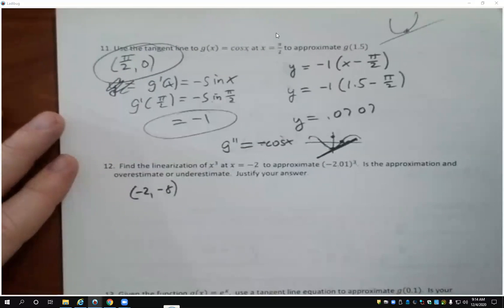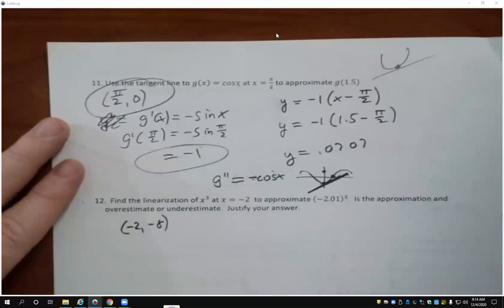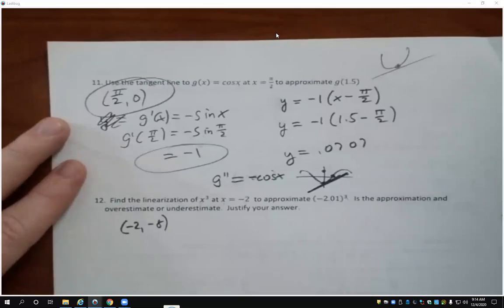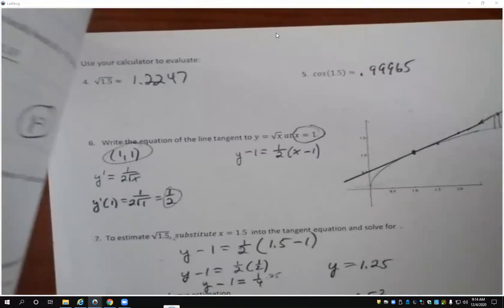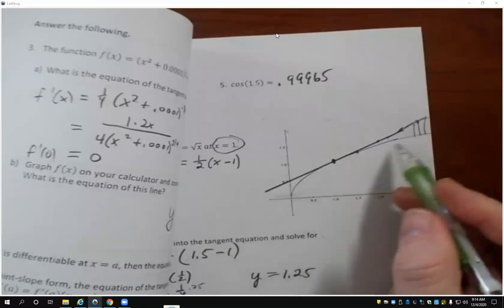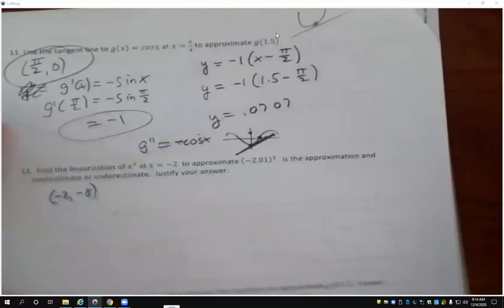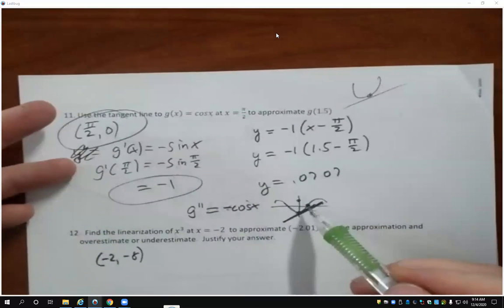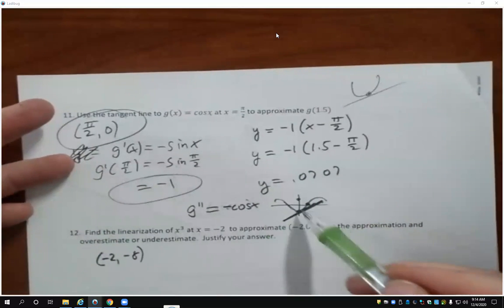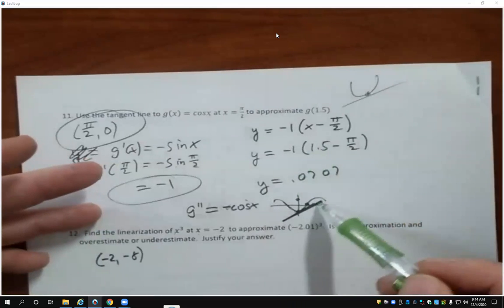I have a question about 11. Will we always have to find the second derivative? Not always. It all depends if you're given the graph like we were in number 6. In number 6, we could tell that this graph is concave down the whole time because we're looking at the graph. If you know what the graph looks like, you don't have to. You know what negative cosine looks like, and maybe you don't know exactly where that point pi over 2 is, but we can see it right here.